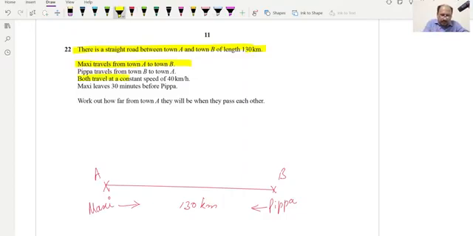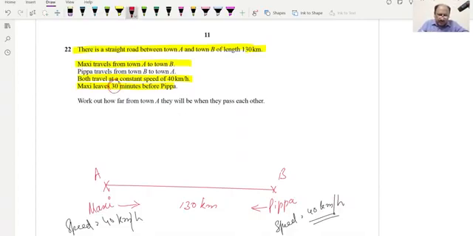Both travel at a constant speed of 40 kilometers per hour. So speed is equal to 40 kilometers per hour, and in this case also speed is equal to 40 kilometers per hour. Now the next portion is Maxi leaves 30 minutes before Pipa. So in 30 minutes how much distance has Maxi covered?